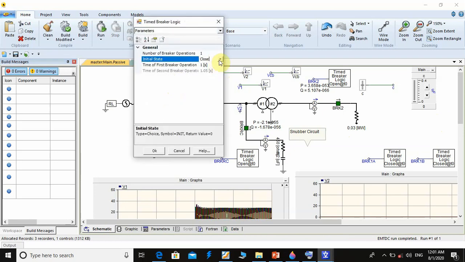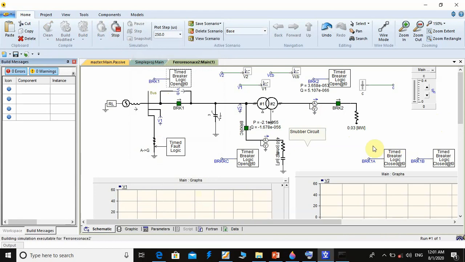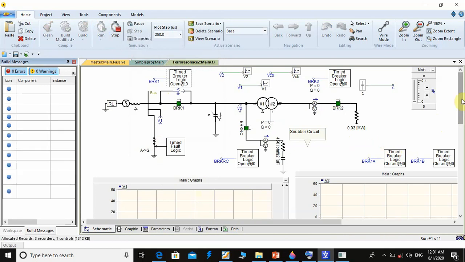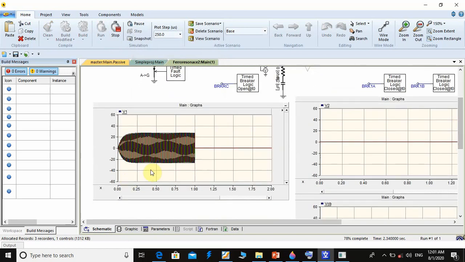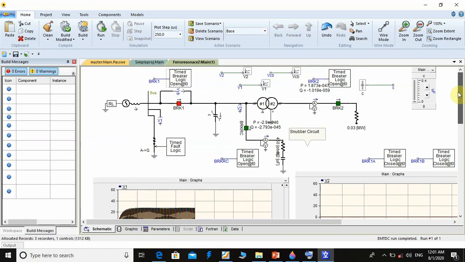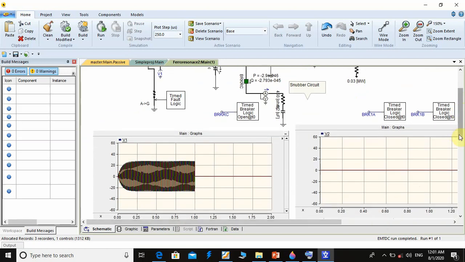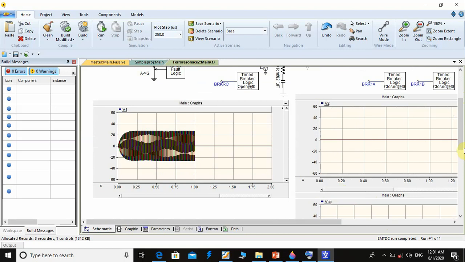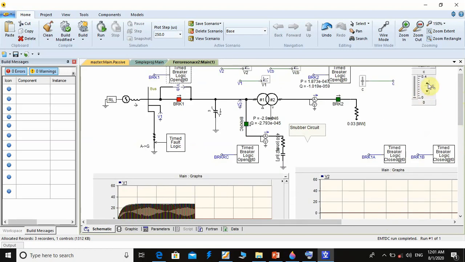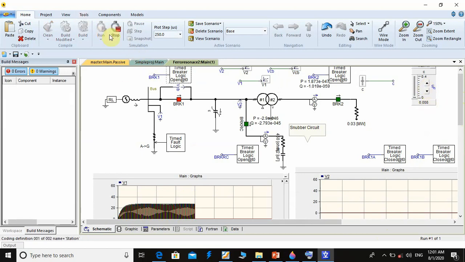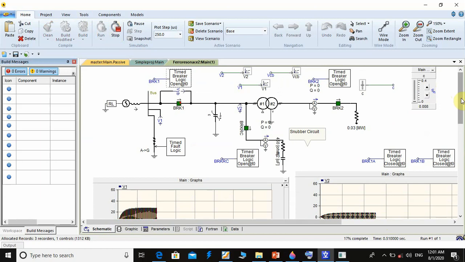Okay, if we change it to open at 1 second, then close. The circuit breaker closes for 1 second, then I think for the simulation I must use here a little stray capacitance.